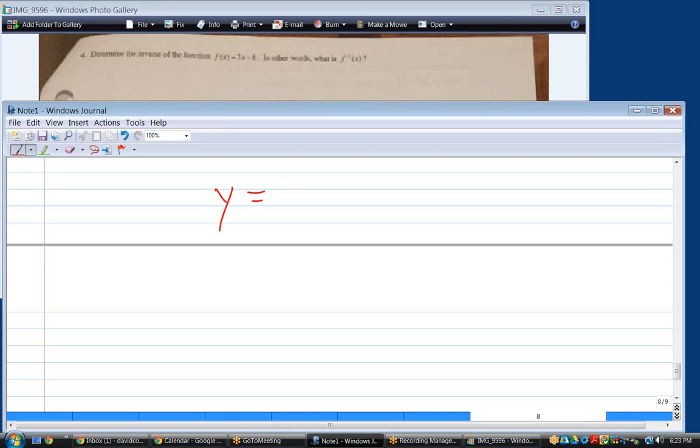It just makes it a little bit easier. There are 2 steps, and you can do them in either order. My favorite way is to switch the variables as step 1 and then solve for y. Is that the way you do it? Because you could do it the other way: solve for x and then switch the variables. You get the same answer.